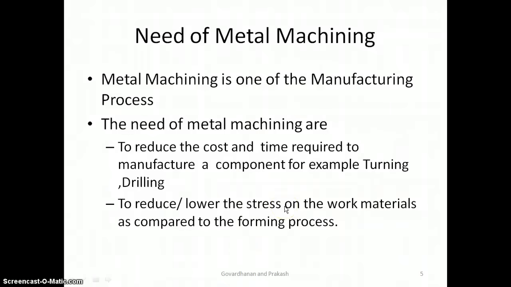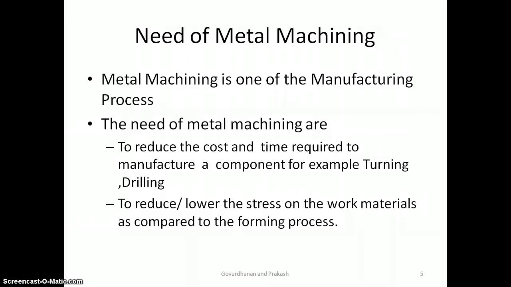The need of metal machining now: to reduce the cost and time required to manufacture a component. For example, if you want to reduce a diameter for a particular distance, if you go by metal casting, it needs a higher investment in templates or patterns for making the complicated shape. Say for producing a drilled hole, we need to specify a lot of things.